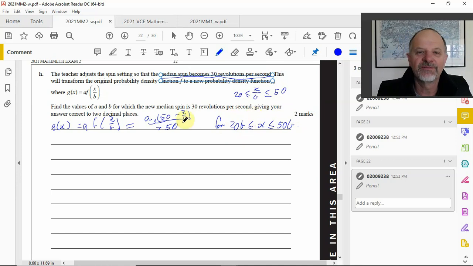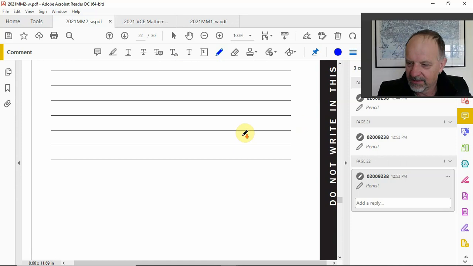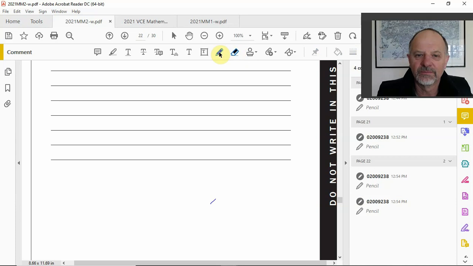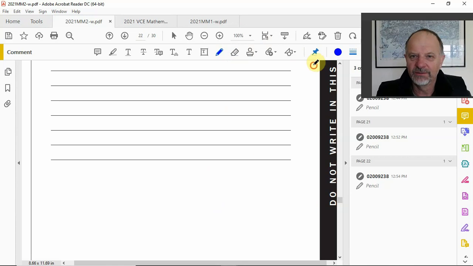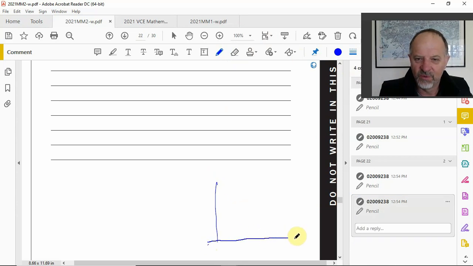Now there's a couple of different things that we can have a look at here. So let's redraw that. Redrawing our function to what we had before, it goes up there like that and then down here like that.